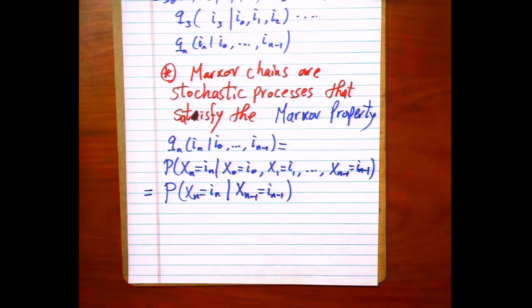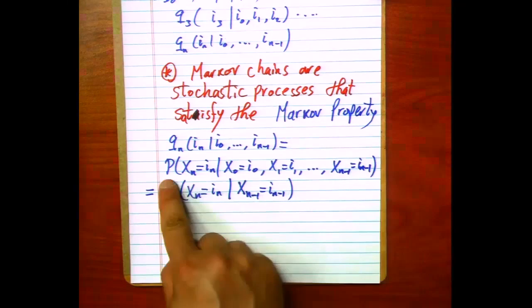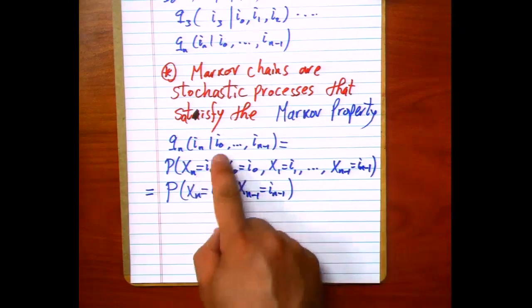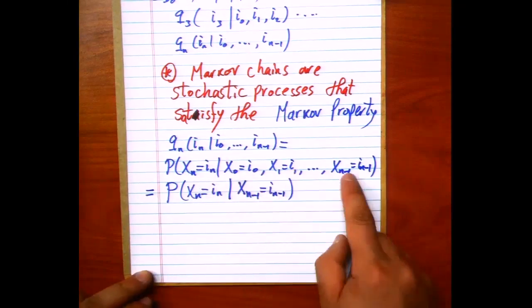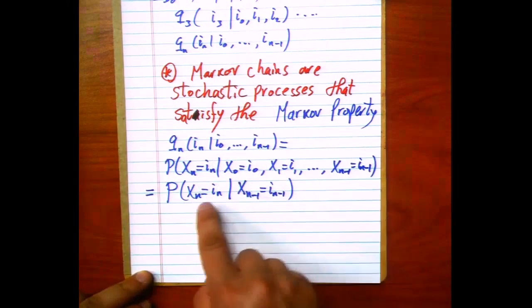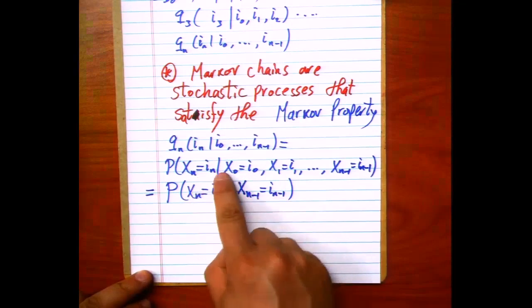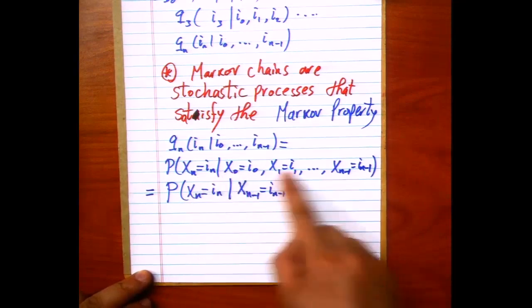So, the Markov property says the probability of the future given the past and the present is only given by the present. Or the future is independent of the past given the present.